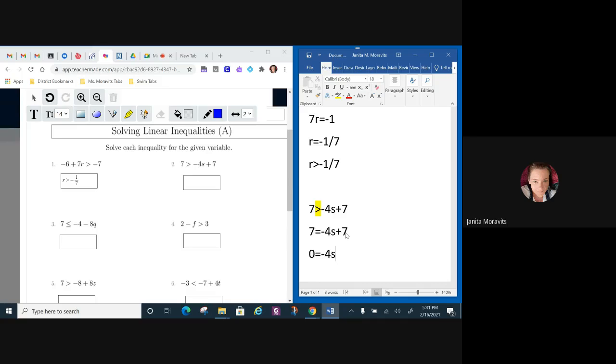All right, so we have, well, 0, we're going to divide by -4. We're multiplying times -4, so we're going to divide by -4. Well, 0 divided by anything is 0. All right, and that 0 divided by -4 is 0. -4 divided by -4 is 1, which means we're just left with the s over here. Now remember, we have to change our sign right here.